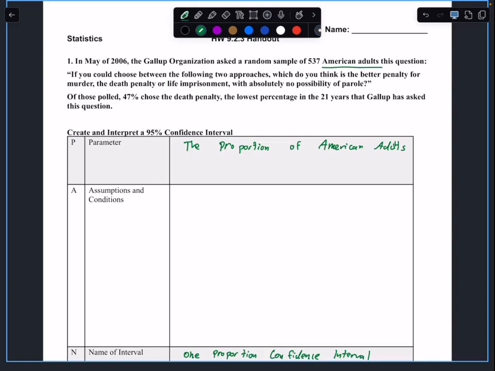So the proportion of American adults that think the better penalty for murder is the death penalty.